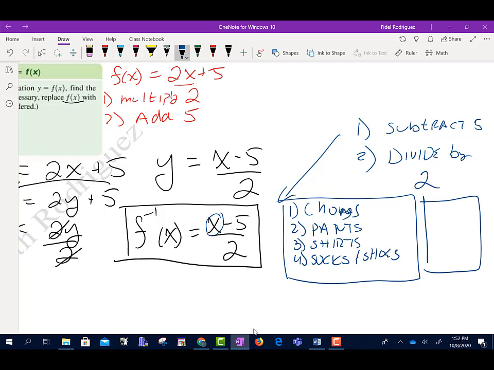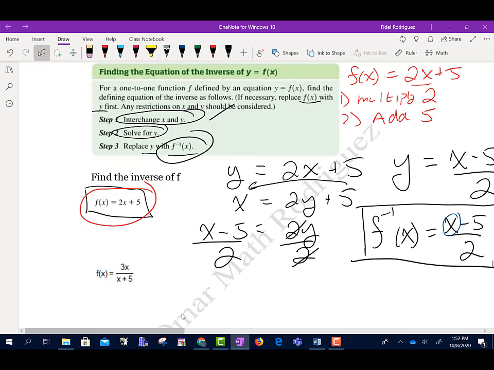And then at the end of the day, when you would come home, what's the first thing that comes off? The socks and the shoes, right? That's kind of the idea here, all right? Yes, I said chones.